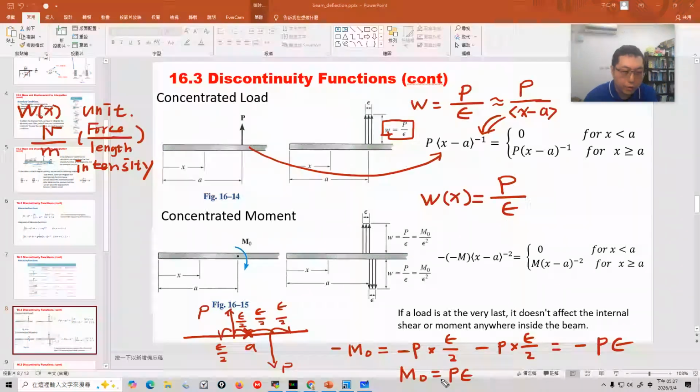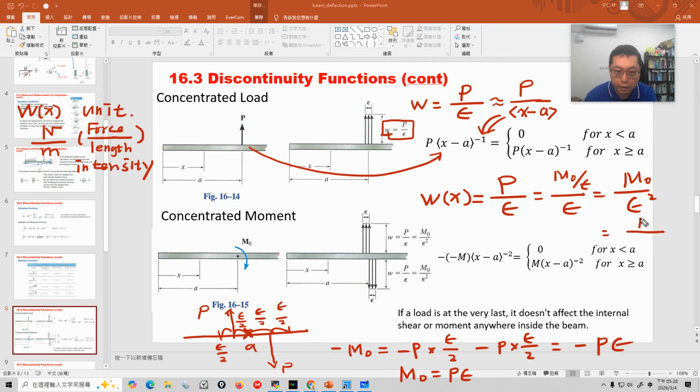From this conclusion we also know P equals m0 divided by epsilon, and with this other epsilon, it's equal to m0 divided by epsilon square. And then we replace this epsilon square by the discontinuity function.